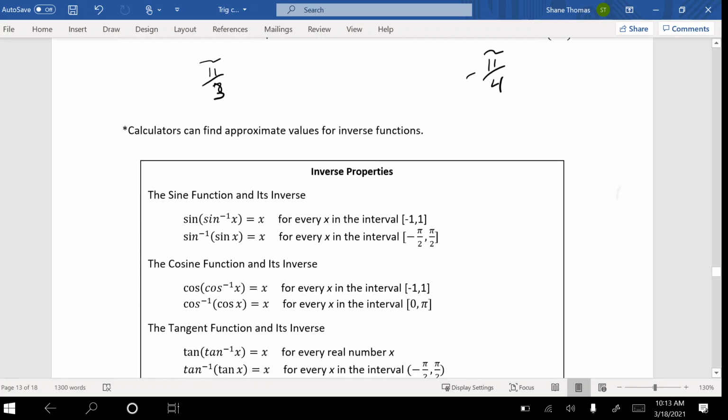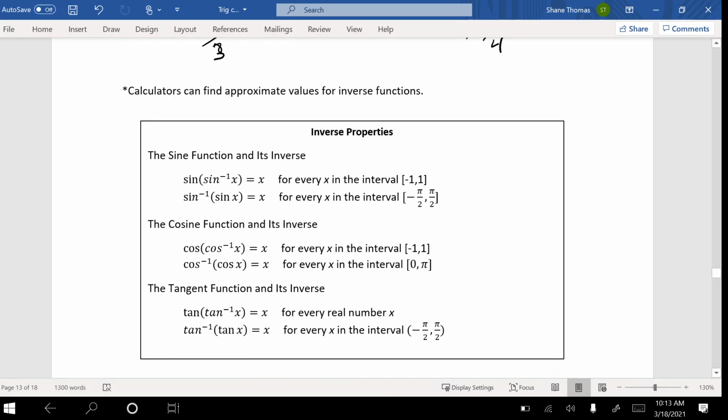All right. Now, inverse properties. Just think back to your composition. Remember composition of functions like f of g of x and g of f of x? So I'm going to write something off to the side here. If I had f of g at x, that meant I put g of x into f.